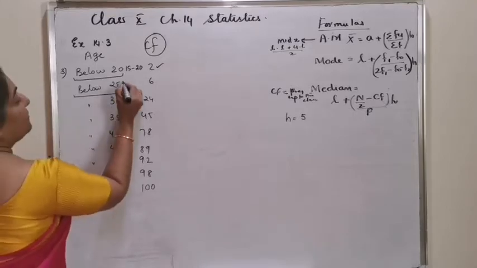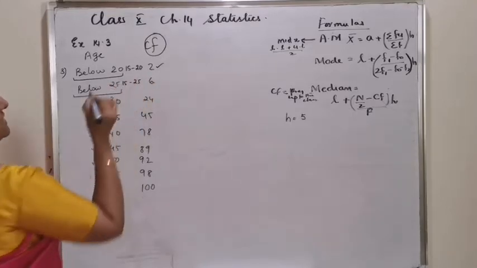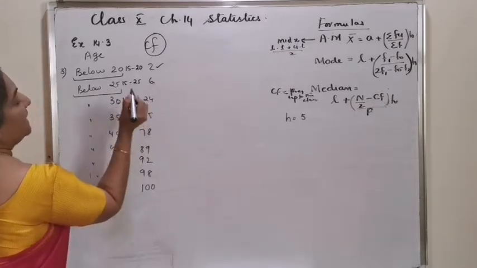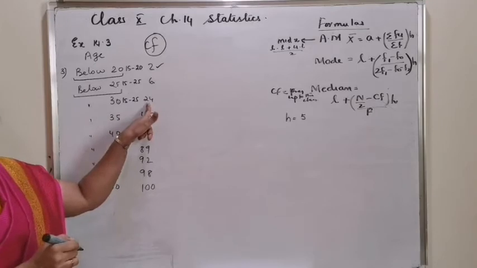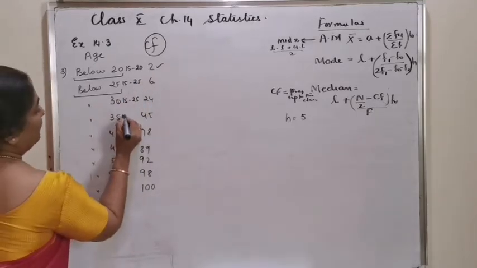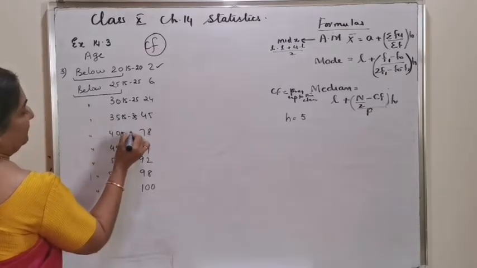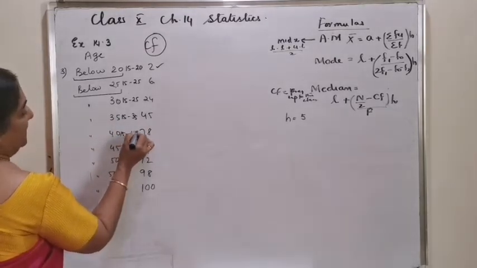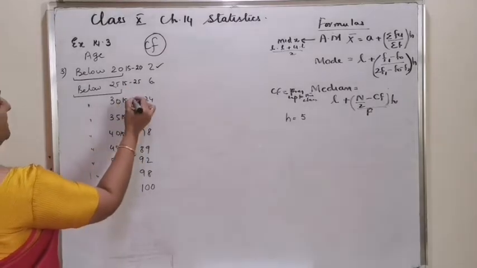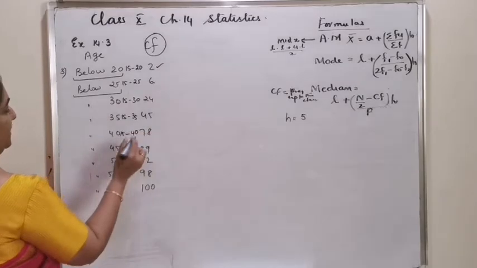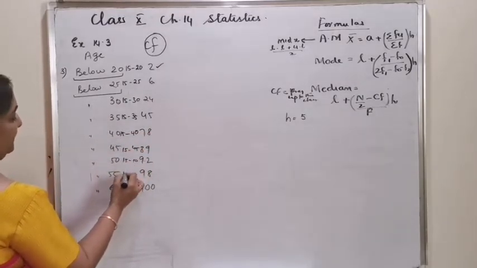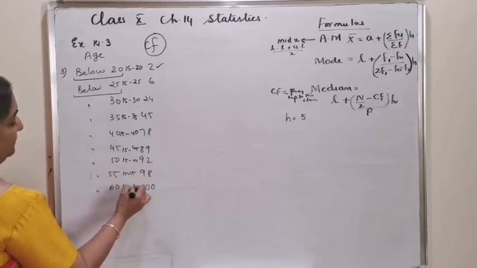It is from 15 to 25, there are 6 people. From below 30, from the beginning till that particular class, that means it represents a cumulative table. Or 15 to 35, 15 to 45, with a difference of 5: 25, 30, 35, 40, 45, then 15 to 50, 15 to 55, 15 to 60.